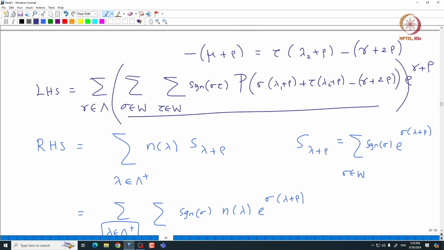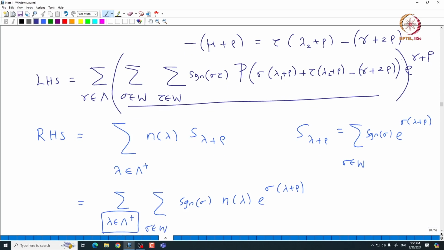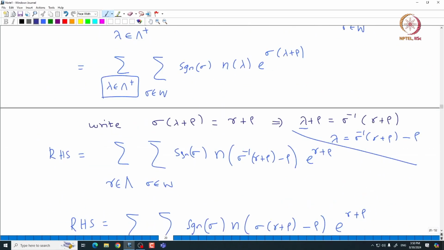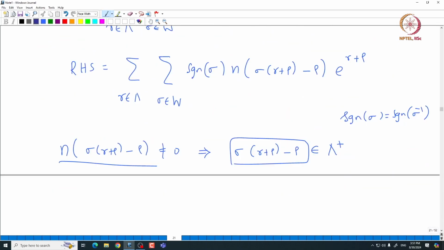But what are we interested in? We are interested in the coefficient of e power gamma plus rho when gamma is dominant, because that is how we can actually capture the elements, this n of gamma. Okay. For example, if sigma is identity, then we get here this n of gamma.